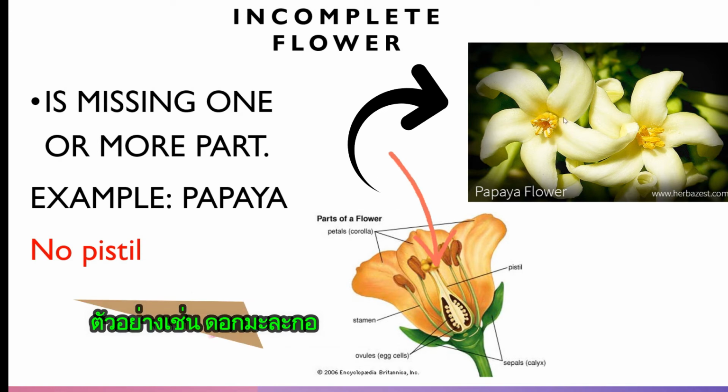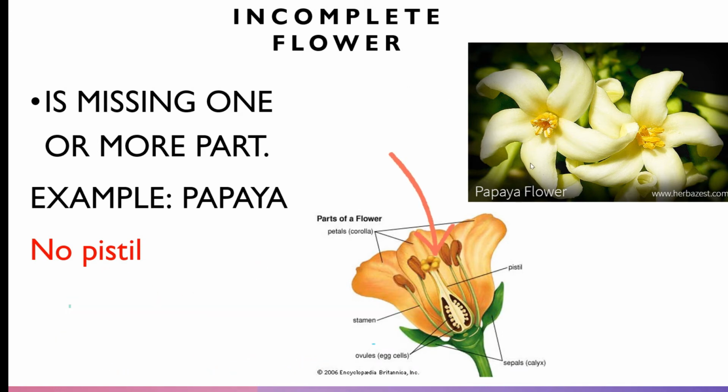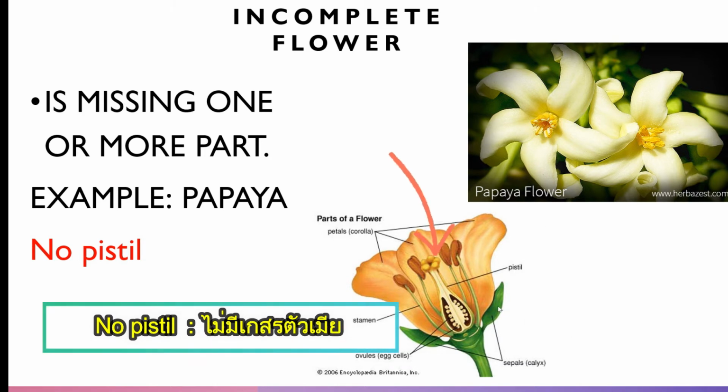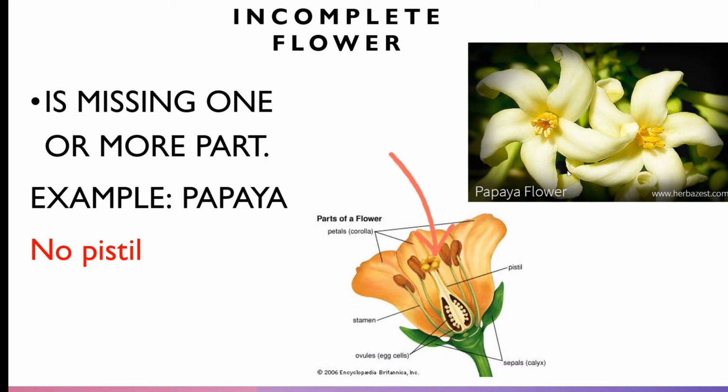Example is papaya flower. Papaya flower has no pistil. Where is the pistil? This one. The pistil is the female part of a flower. They have only a stamen.